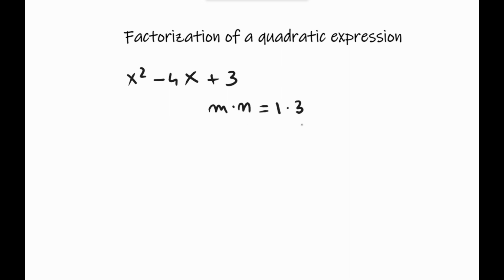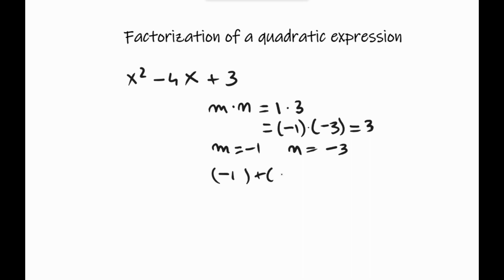It turns out that also -1 times -3 gives us the c coefficient 3. And the sum of -1 and -3 gives us the coefficient b, -4.